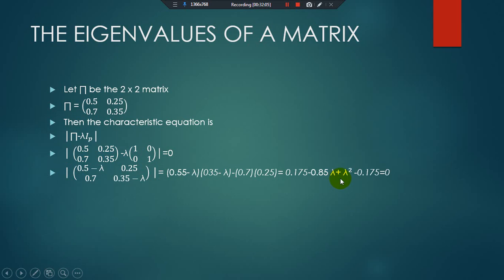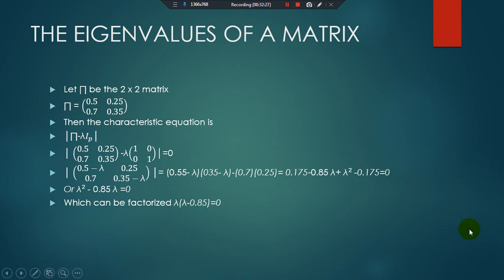After the process we get 0.175 minus 0.85 lambda plus lambda square minus 0.175 is equal to 0, and then we get lambda square minus 0.85 lambda is equal to 0.